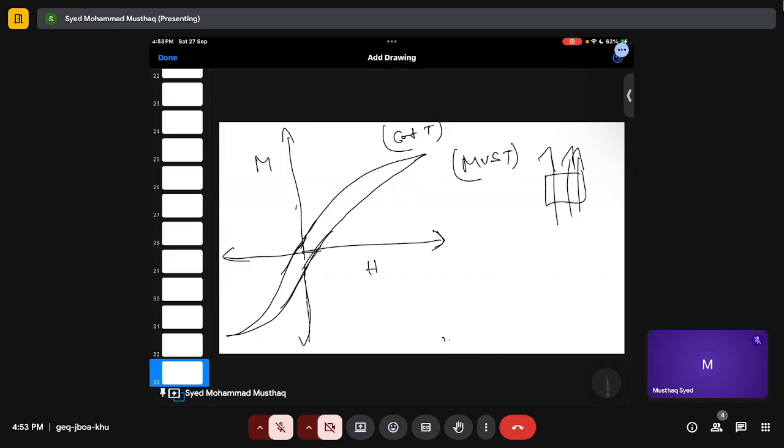Now, if I do it like this, M by H will give you a straight line.